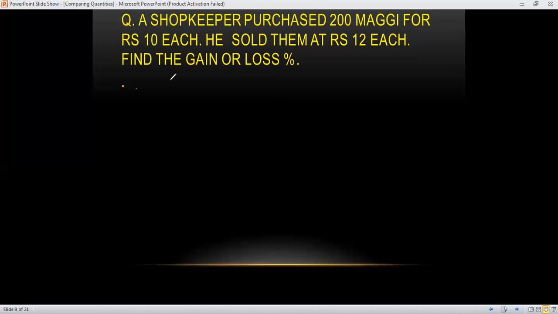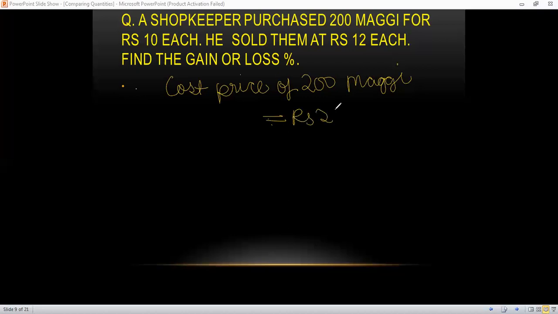What we are going to do first, as you know, the cost price of 200 Maggies is equal to rupees 200 into 10, that is 2000.